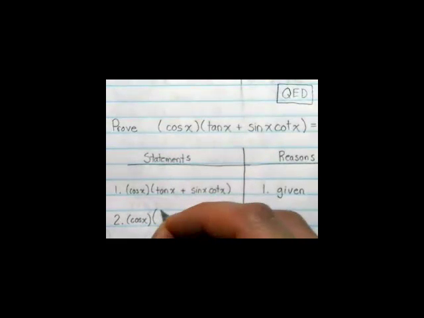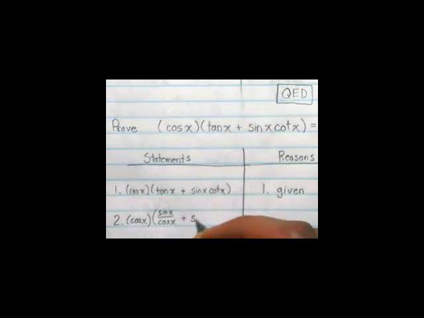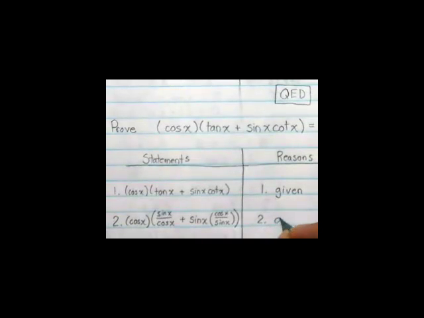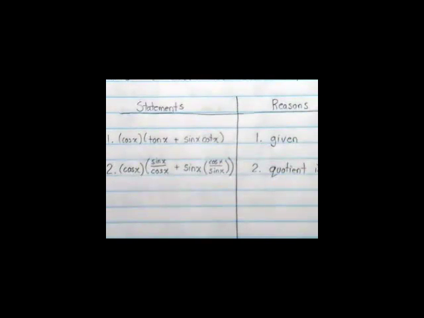Tangent is sine over cosine. And then cotangent is cosine over sine. All right, so we did a quotient identity to get it to there.